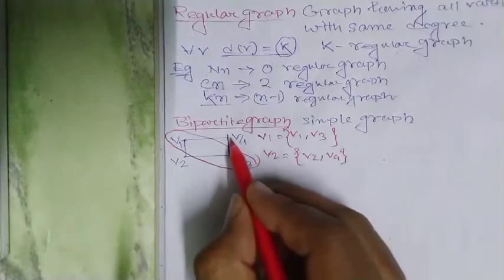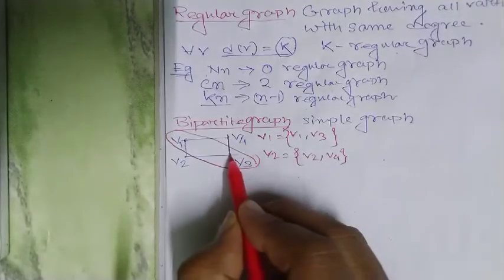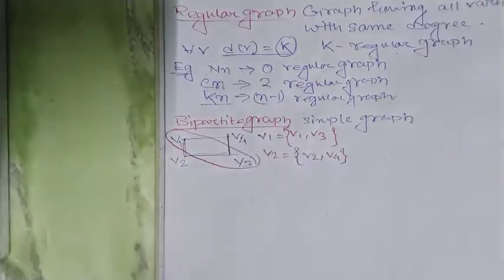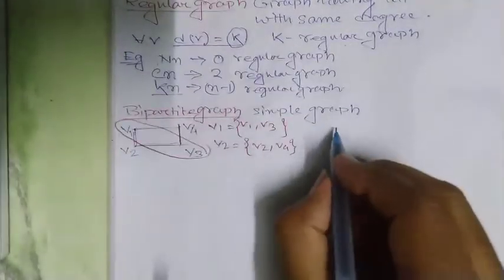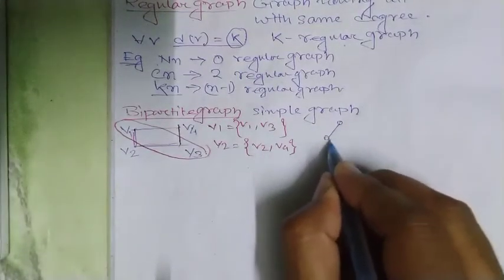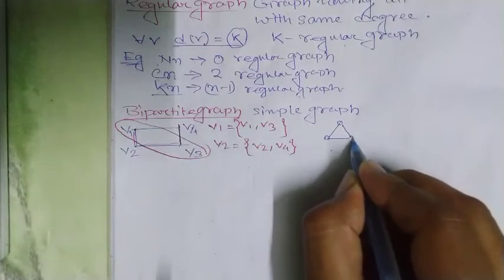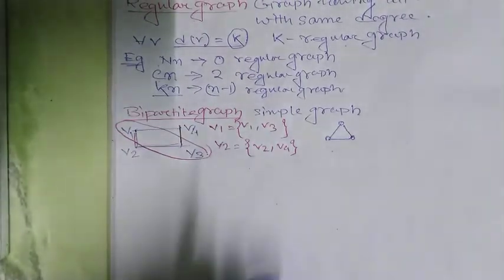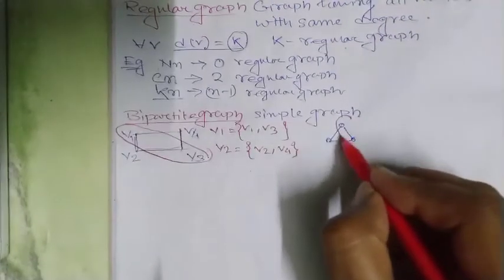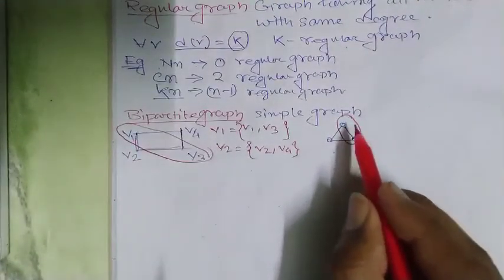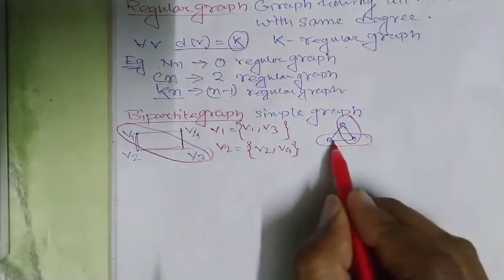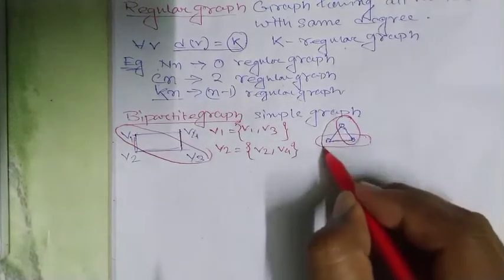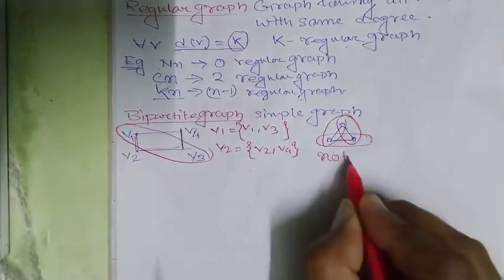This edge is from vertex set 2 to vertex set 1, like that. So this is one bipartite graph. Now can we divide this one into parts? If you divide it like this, this edge is within one set, so this is not the right partition. This is also not the right partition, because this edge is only within that set, so this is not a bipartite graph.